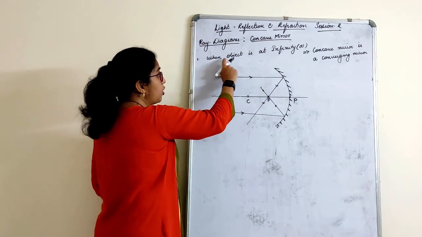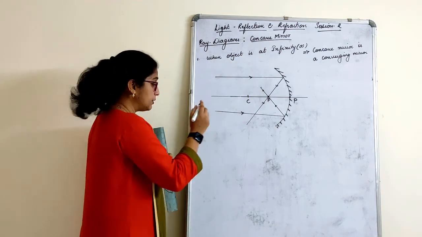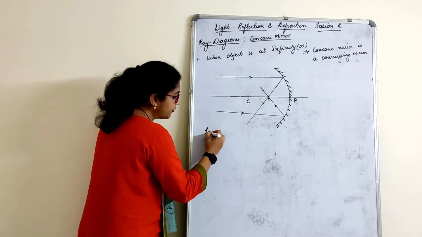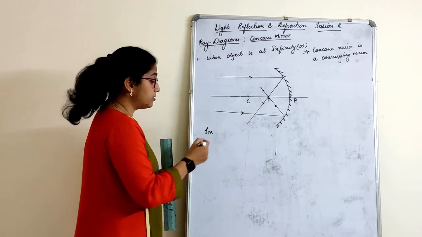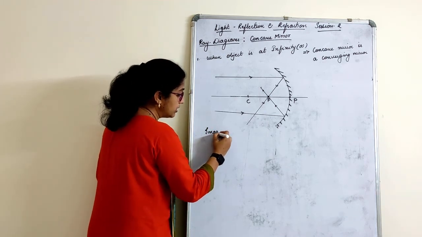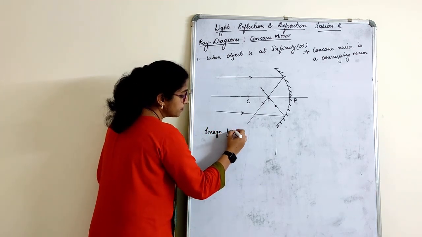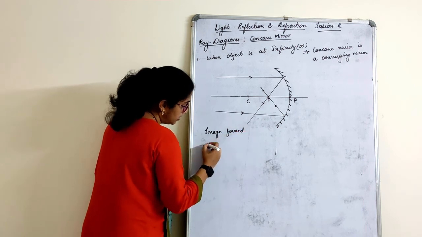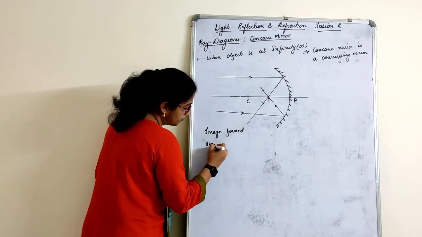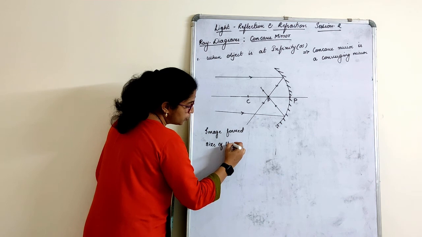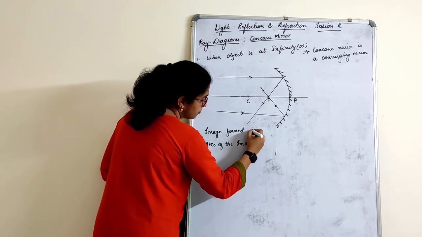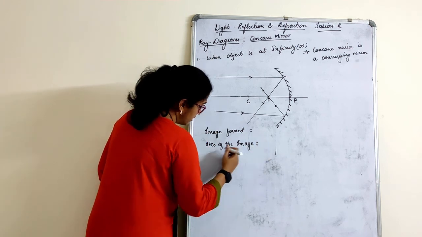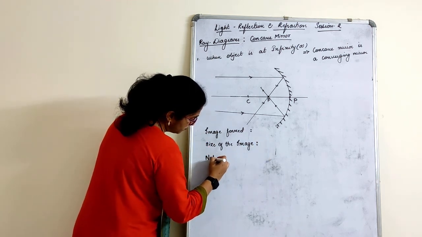First one, when the object is kept at infinity. Then we have to write a few assumptions, or we can say the conclusions drawn from the ray diagram. What are the conclusions? Image formed, size of the image, nature of the image.